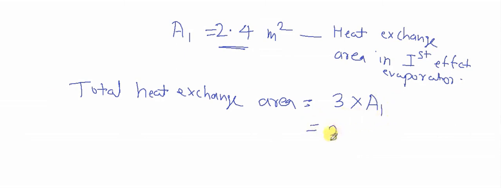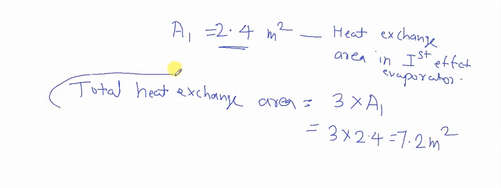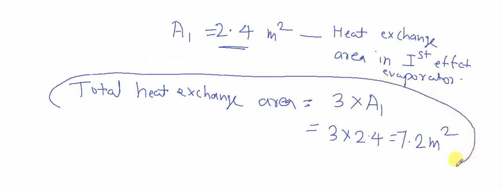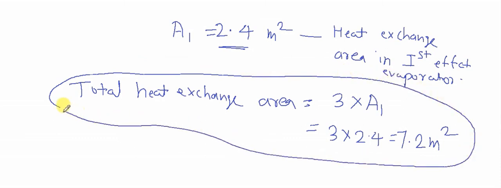That becomes 3 into 2.4, which is equal to 7.2 square meters. So this is our final heat exchange area required for the evaporator, 7.2. So the final answer is 7.2, the total area required.